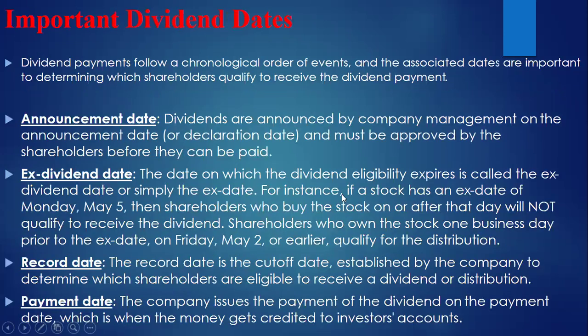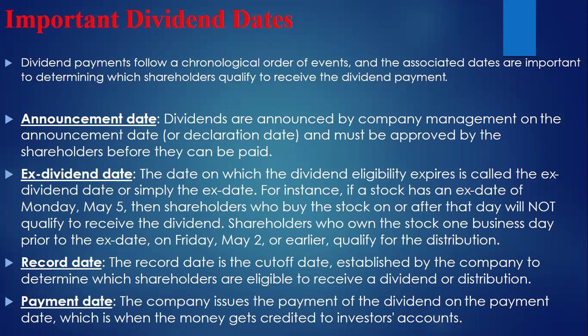There are two different kinds of stocks. We have preferred stock, and we also have common stock. Preferred stocks and common stocks are not exactly the same. Preferred stockholders have the privilege to get their dividends before common stock shareholders.